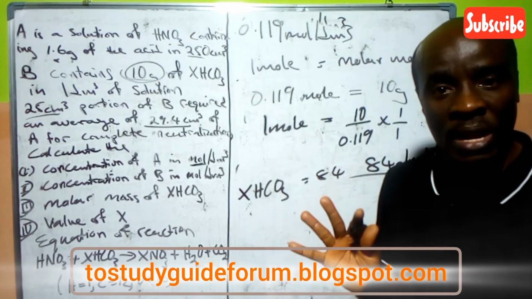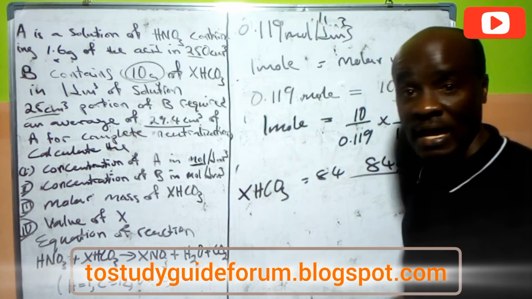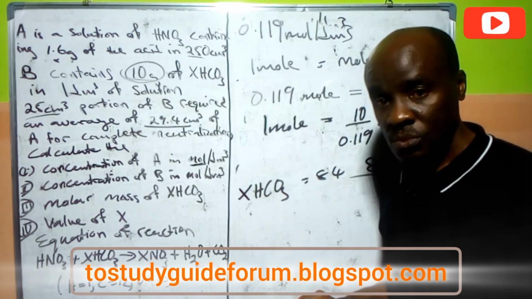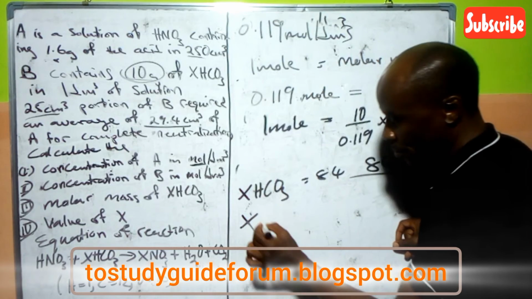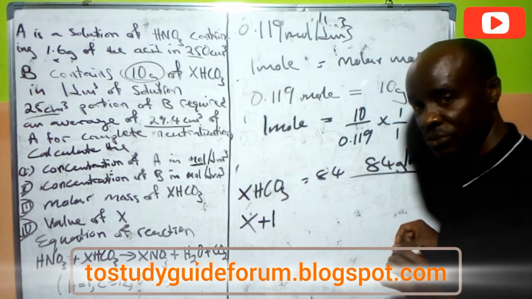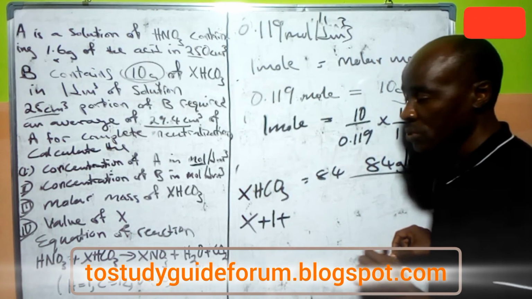In calculating the molar mass of every substance, we add up their relative masses. We don't know the X, but we know H to be what? 1. That's hydrogen.